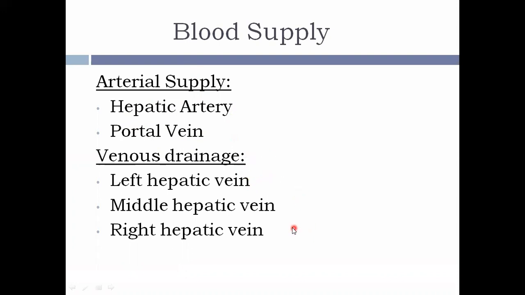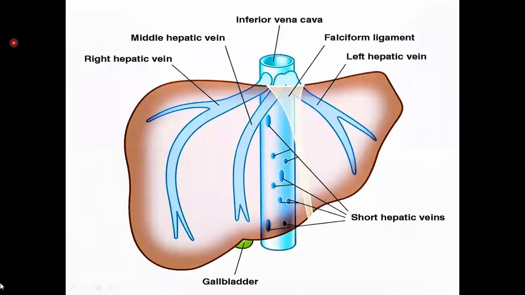It's by the hepatic vein, that we are very sure of. But in the hepatic vein, it's particularly the left, middle, and right hepatic vein. So here, this is the left, middle, and right hepatic vein. The left hepatic vein lies between the medial and the lateral segment of the left lobe.